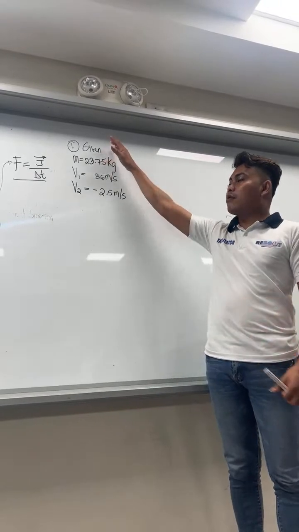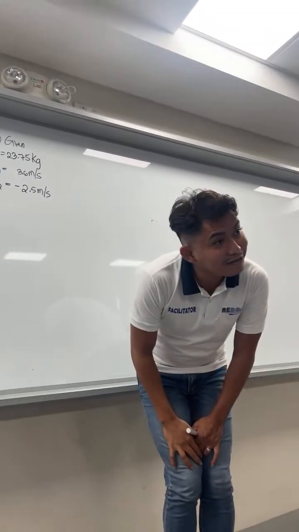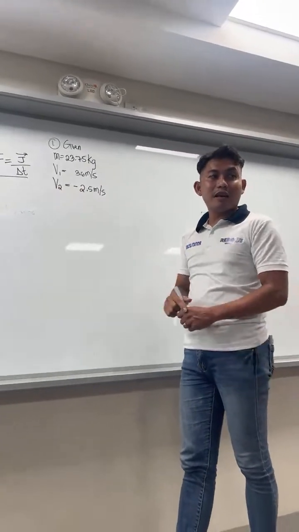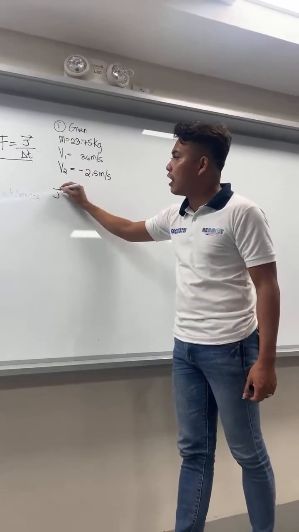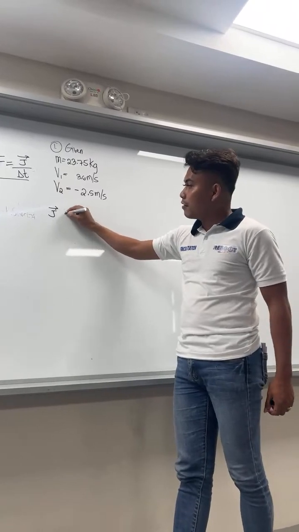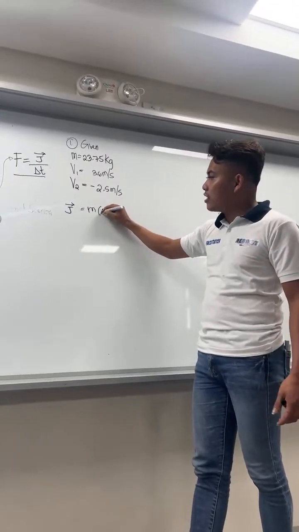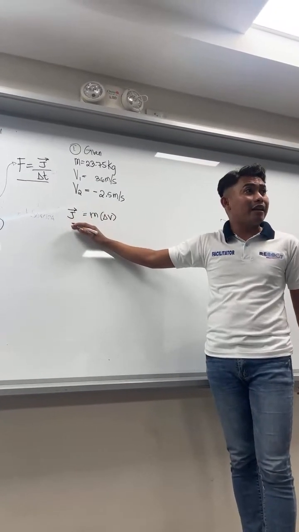So we have written the given. What's the formula? Ano ang hinahanap natin dito? Impulse. What's the formula of impulse na gagamitin? Mass times change in velocity. Very good. So this is the formula natin gagamitin.